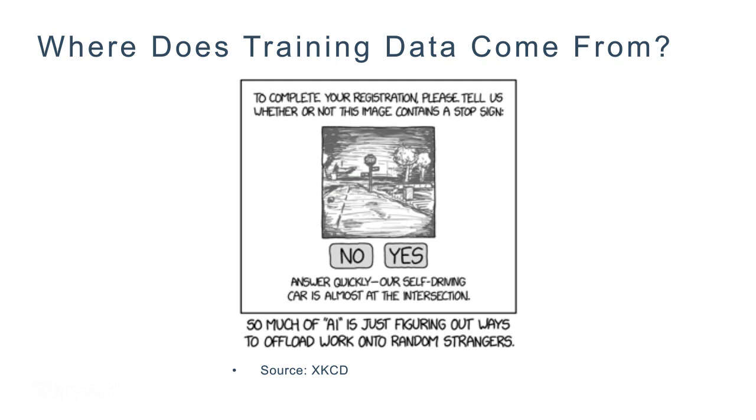And so where does training data come from? I love this comic from XKCD. If you've signed into a website recently, you might see some of the CAPTCHAs are now asking you to identify objects in images. I don't think anyone's actually doing this in real time. No one's going to crash their car.